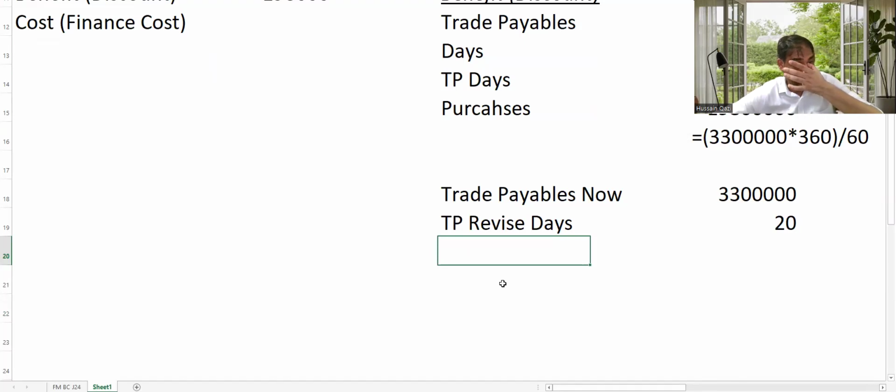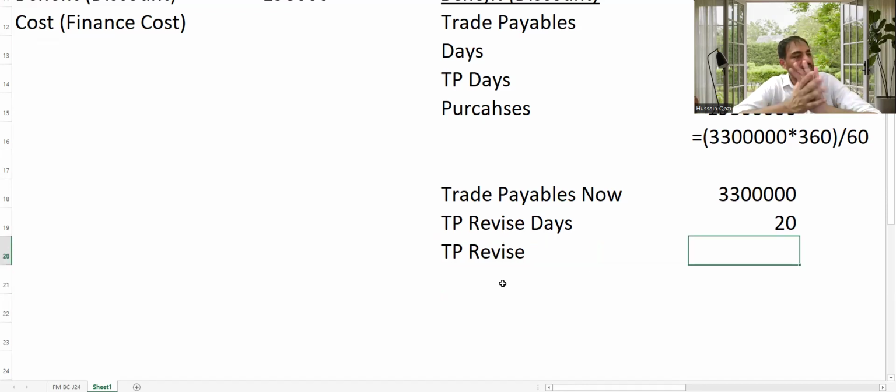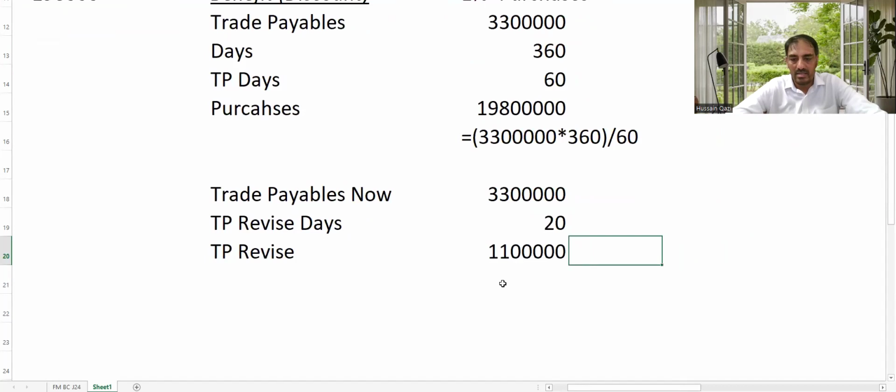So revised trade payable is equal to 20 divided by 360 multiplied by purchases. Purchases remain the same, that is 19,800,000. So 20 divided by 360 into 19,800,000 gives 1,100,000. These are the revised trade payables.